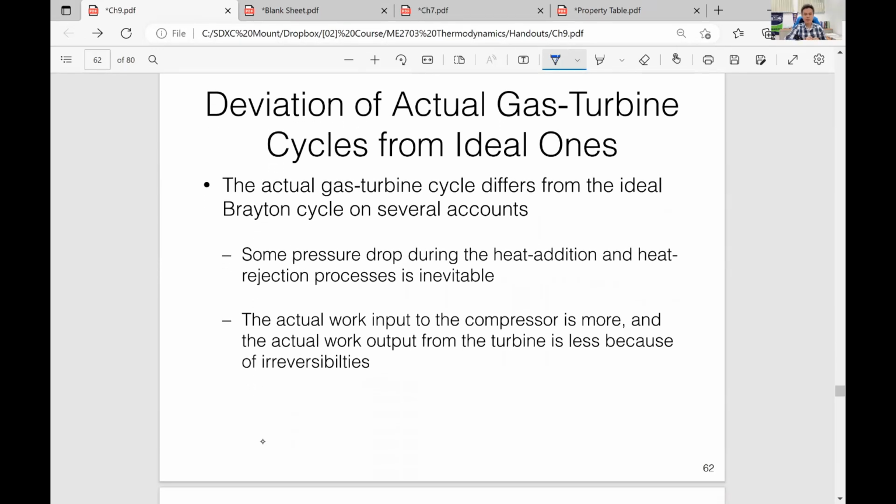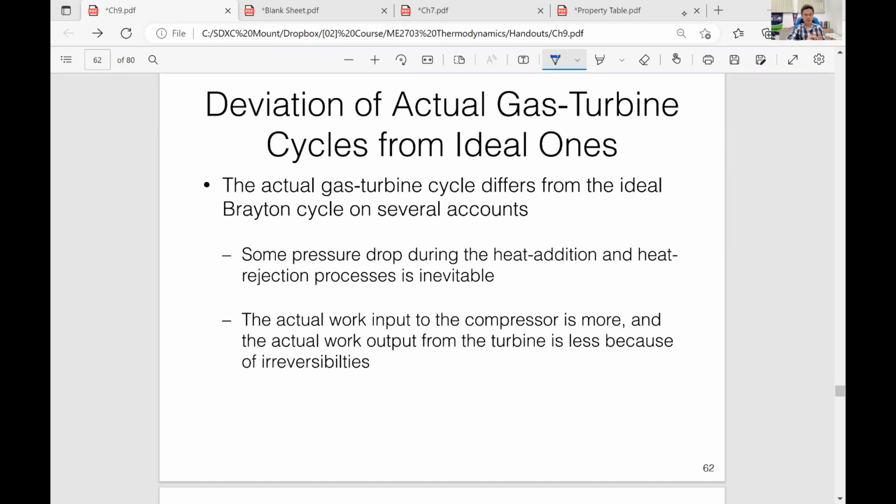Next is the deviation of actual gas turbine cycles from ideal ones. From chapter 7, we have learned isentropic efficiency. So isentropic efficiency is used to evaluate the deviation of an actual device from the ideal one, right?